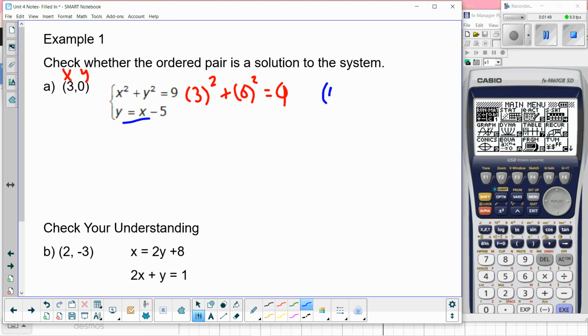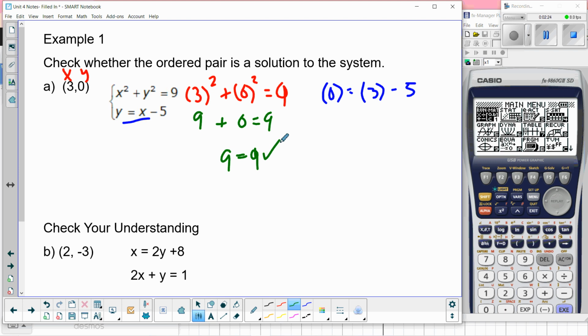Y is 0, x is 3, minus 5. And then we can go through and see if these equations are true. So 3 squared is 9, plus 0 squared is 0 equals 9. 9 equals 9, check. So (3, 0) is a solution for that first equation.